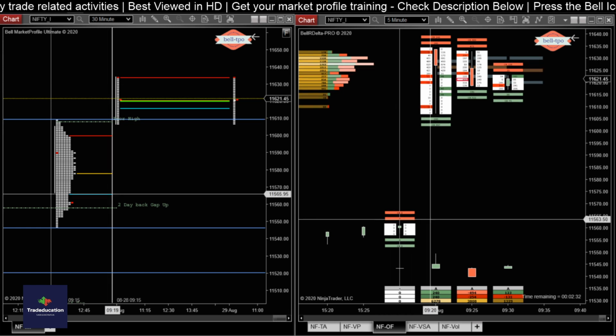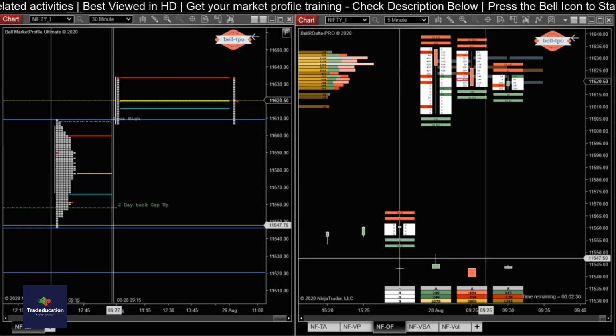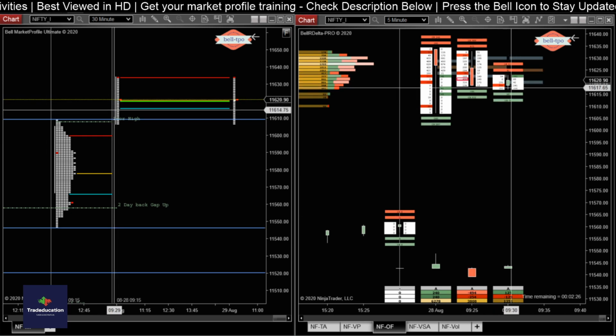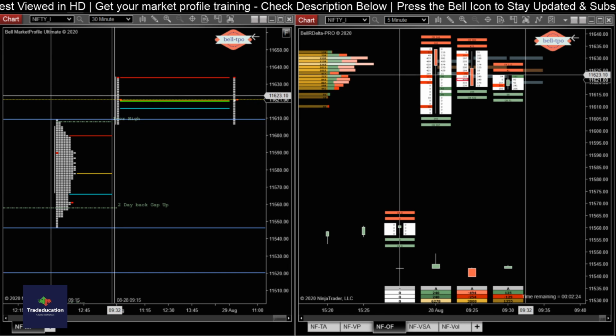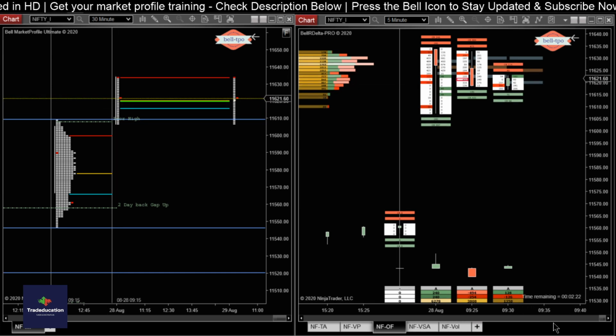So bearish candle with positive delta, bearish candle with negative delta. Now a doji candle is getting formed, and indecisiveness is going on. Still 2 minutes to go.